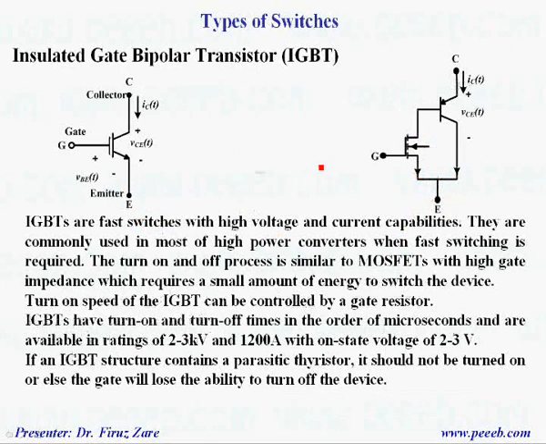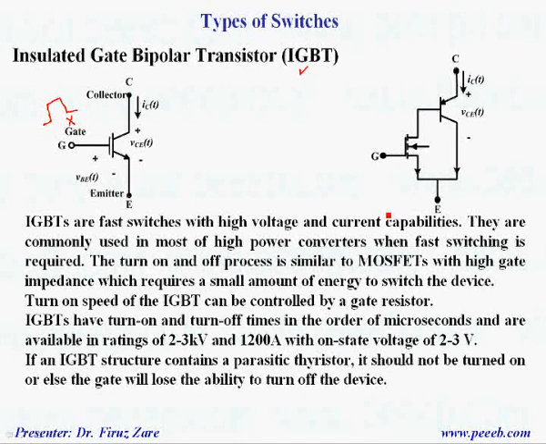The next control switch is the IGBT, or insulated gate bipolar transistor. Basically, it's also voltage controlled. That means by applying a gate signal, we can turn on the IGBT, and when we remove the gate signal, the IGBT is turned off. So IGBTs are fast switches with high voltage and current capabilities.